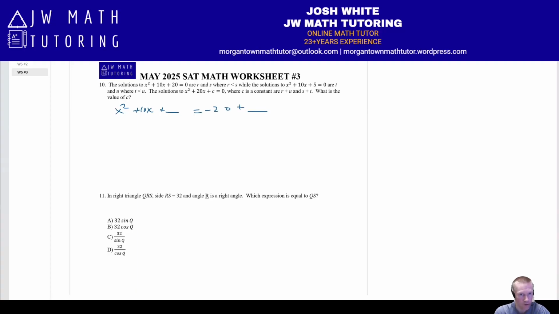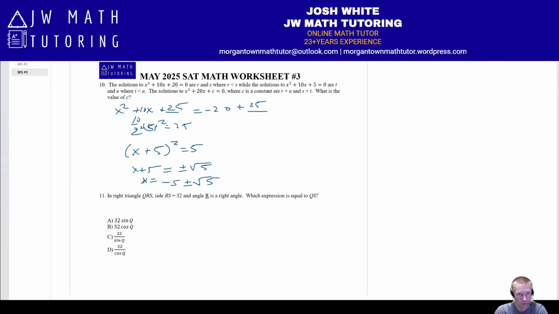So b value is 10, half of 10 is 5, 5 squared is 25. So I'm going to add 25 on both sides, and then this gets factored as x plus 5 squared equals 5. Square root both sides, plus or minus root 5. X equals negative 5 plus or minus root 5, okay?